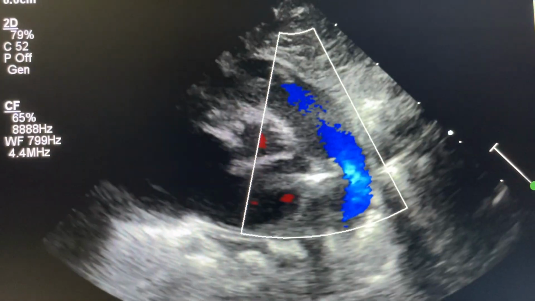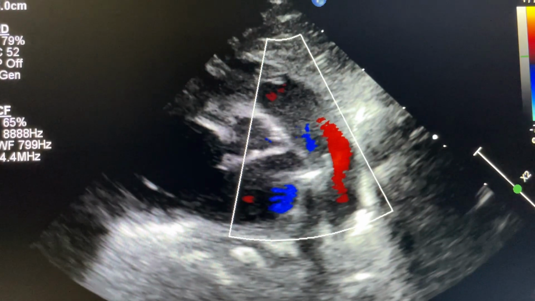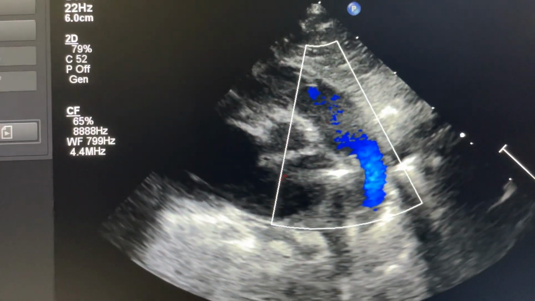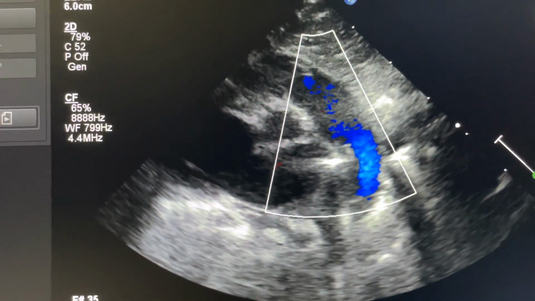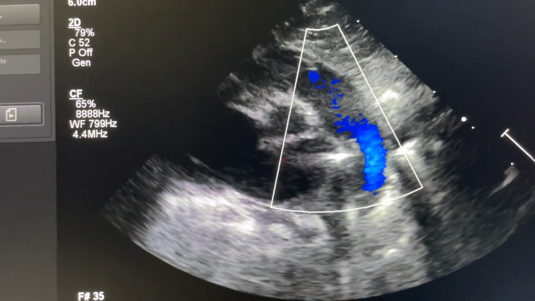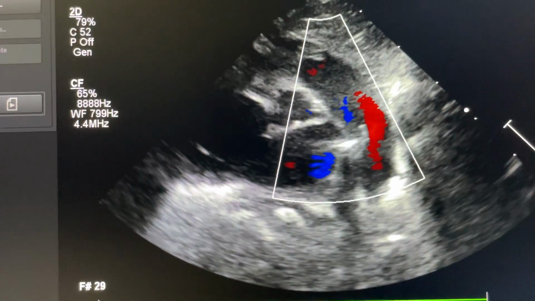Red is normal flow, blue is abnormal flow. The flow is bidirectional, right to left and left to right also. The flow from the pulmonary artery to the aorta is abnormal flow. The flow from the aorta to the pulmonary artery is normal flow.